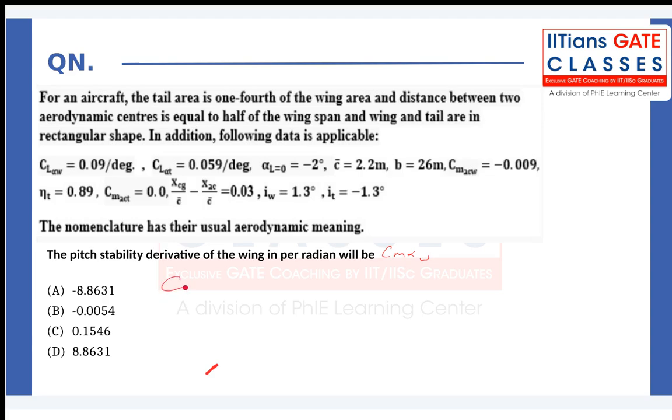CM alpha wing is CL alpha wing into XCG by C bar minus X AC wing by C bar. And that is 0.09 into 0.03, which gives you option C. Okay, let's go to the next question.